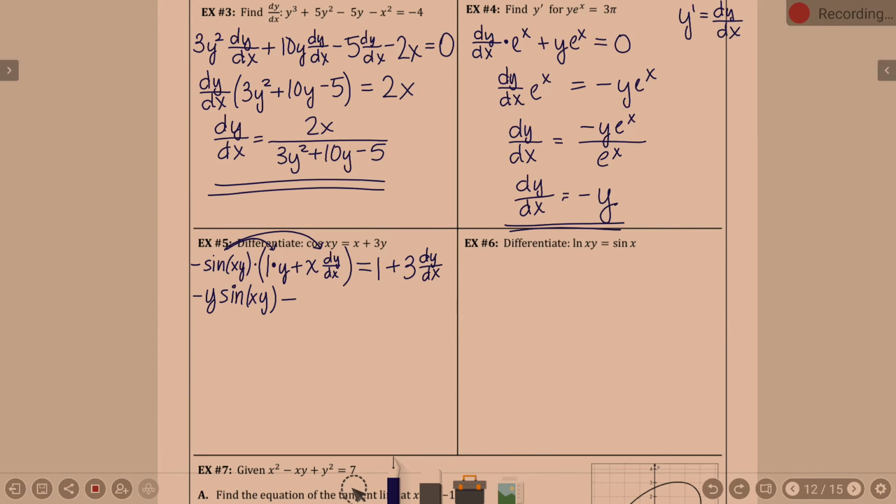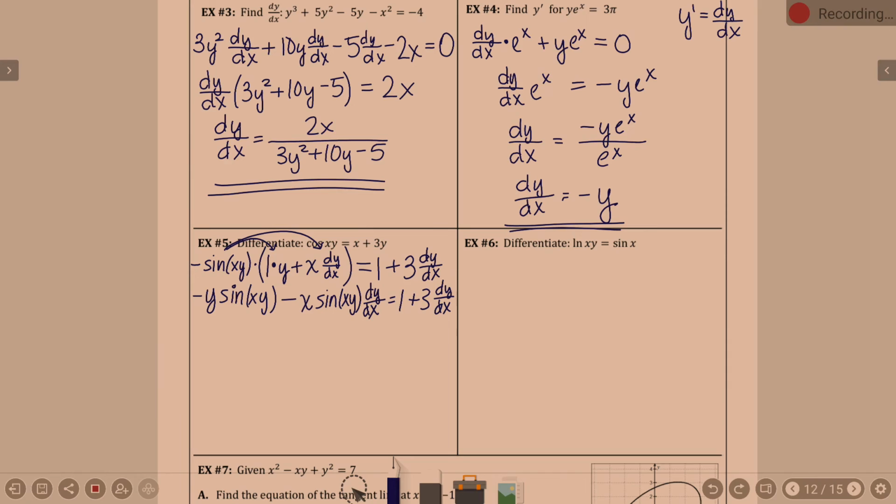So sine xy times x is best written as x sine xy, and then I'm just going to tack on the dy dx afterwards. I know I just said I don't like putting things afterwards, but dy dx is a little different. And then the 1 plus 3 dy dx is just hanging out.